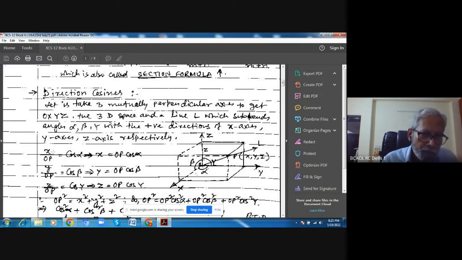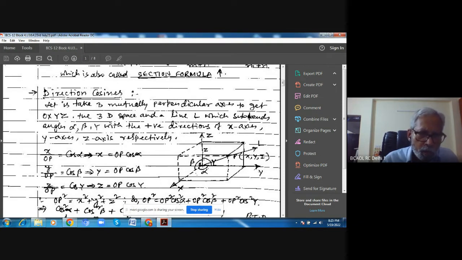Now we are deriving the direction cosines. Within this line OL, we are taking one point P to derive the cosines.